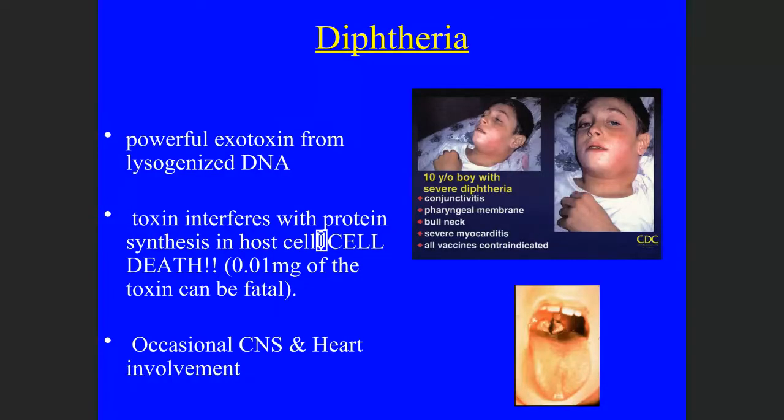Now, the diphtheria toxin is a very powerful toxin, as I said. Not only can it have that effect on the cells in the back of the throat, but if it spreads into the blood, it can cause damage to the brain, and it can cause damage to the heart. So it can be a very fatal disease if not treated.